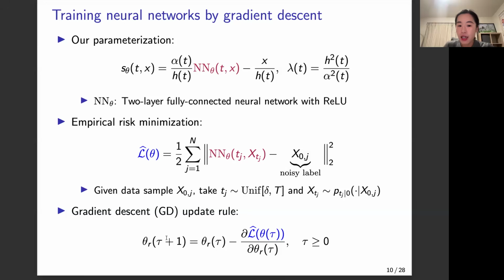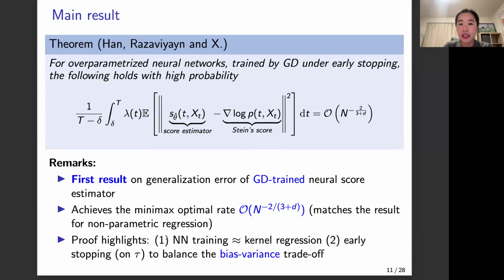So how good is this algorithm in terms of the theoretical result?